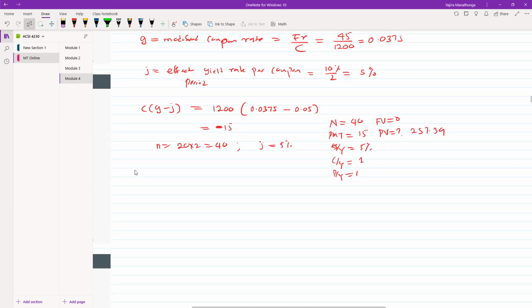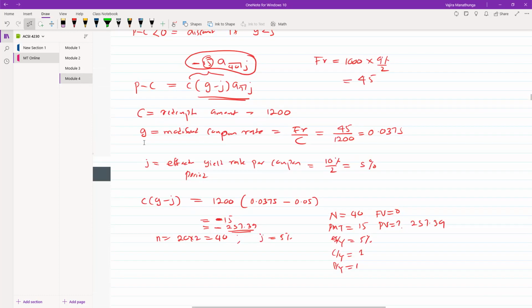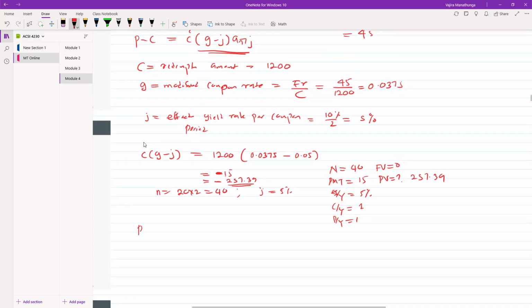Then I come here and write discount, because I have to remember that there's a negative sign in front of it. So basically, P minus C is negative 257.39. What does that mean? That means the redemption amount C was bigger than P. So this is a discount. The discount amount, you can forget about the negative sign now. I just say 257.39.